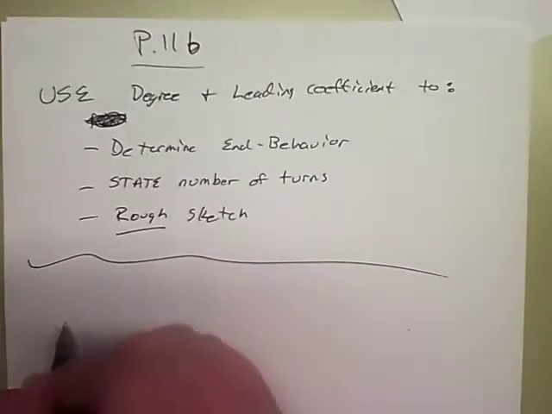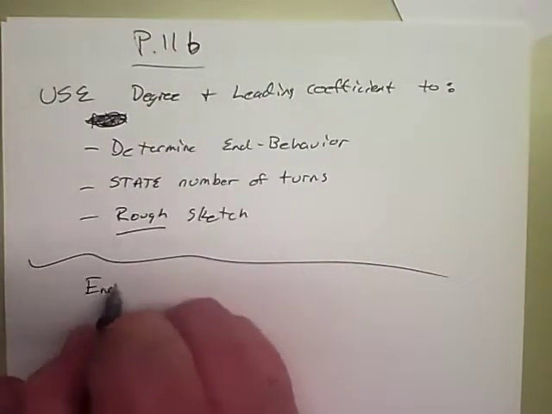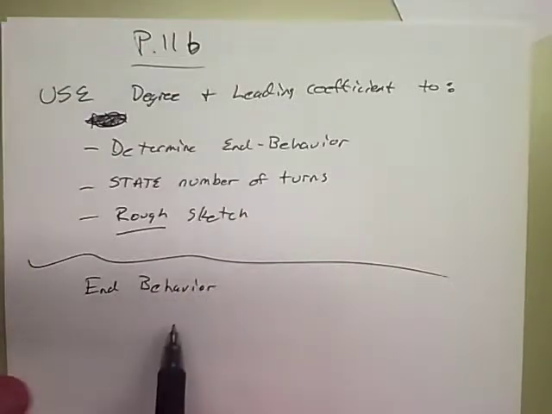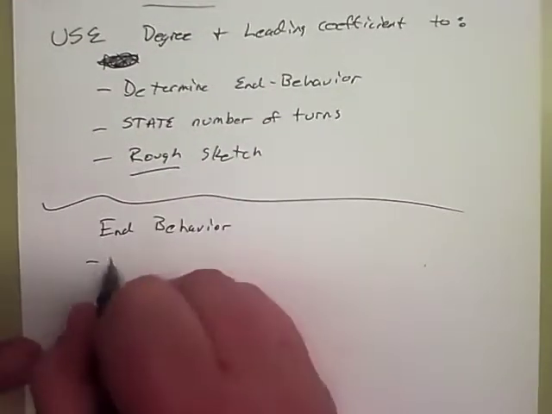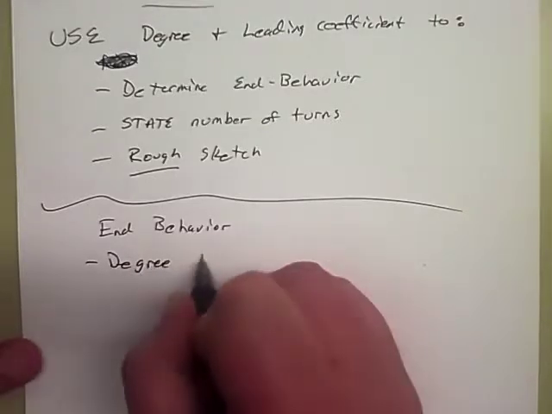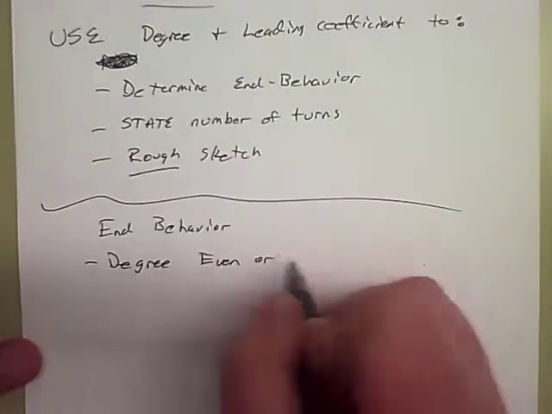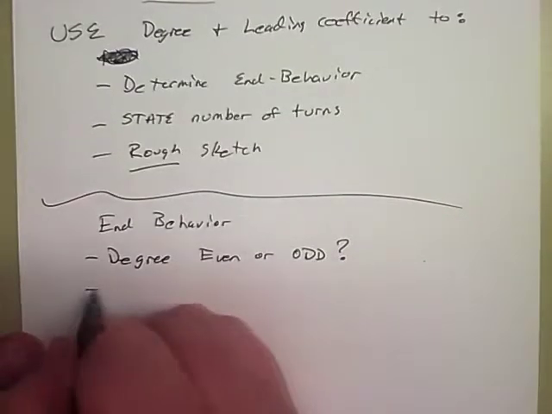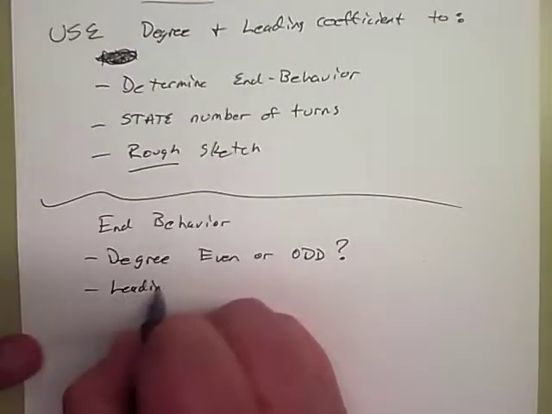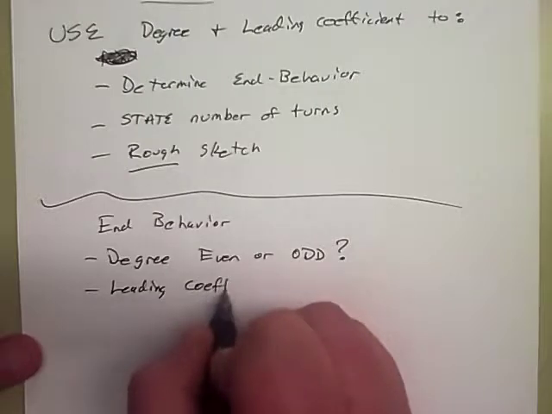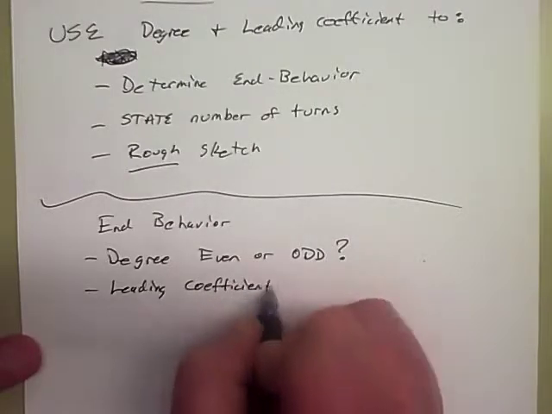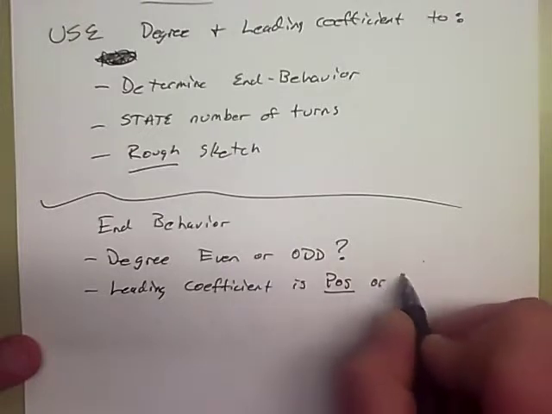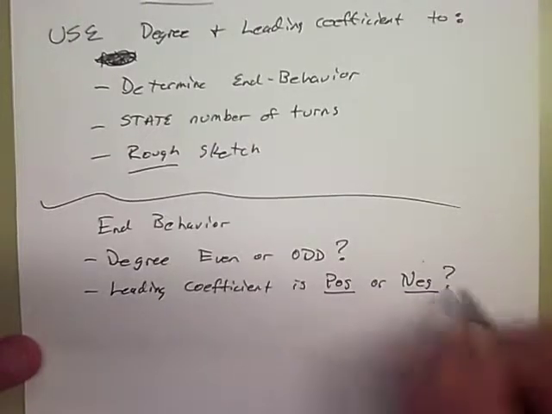So one more time, just to make sure that we're on the same page. End behavior, what am I looking for? I need to know, is the degree even or odd? And then I need to know if the leading coefficient is positive or negative.